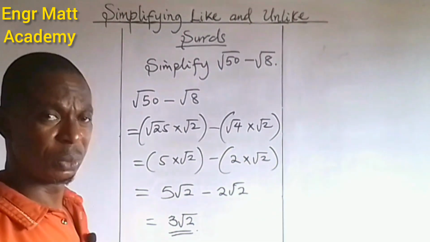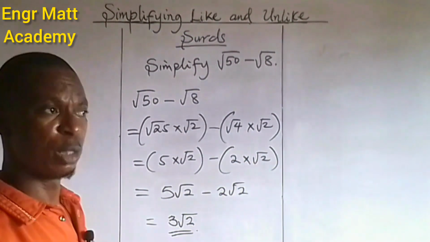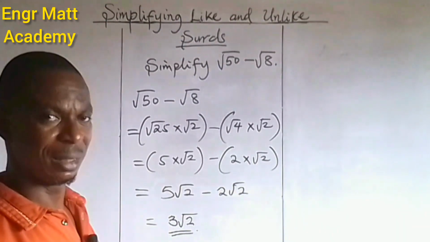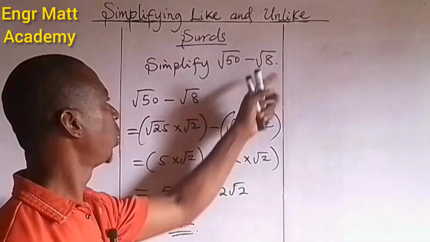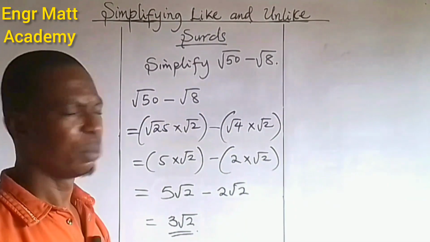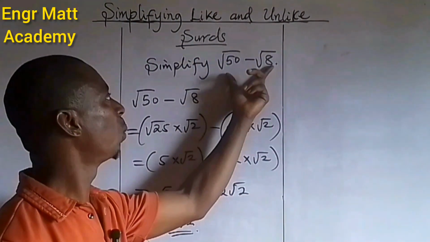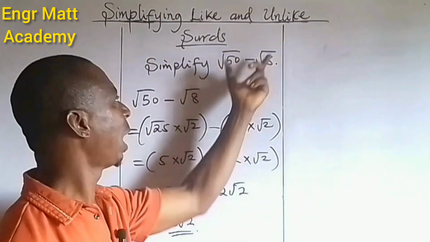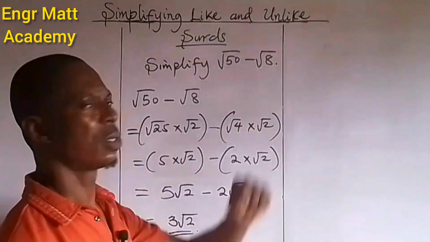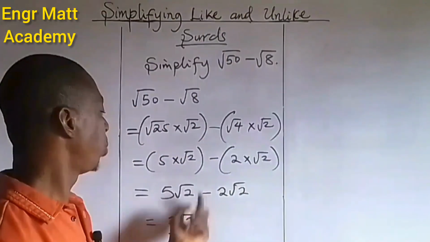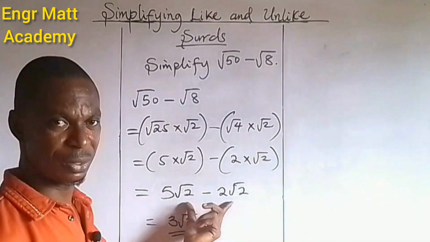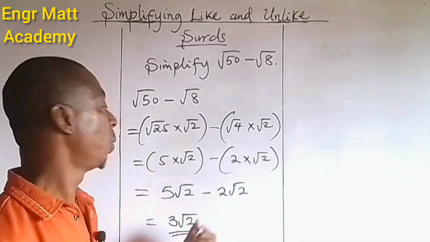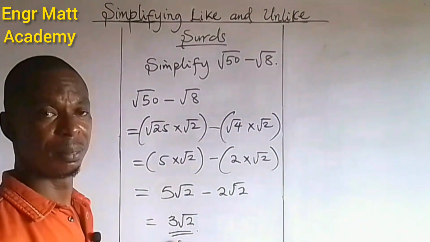That is what you want to do. First, simplify before adding or subtracting. Of course, at this point we cannot add or subtract because they don't look alike. They appear as unlike surds. Not until we simplify do we see that they are actually like surds, and because they are like surds, we can subtract them. Now your turn.